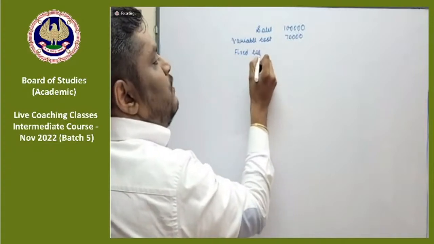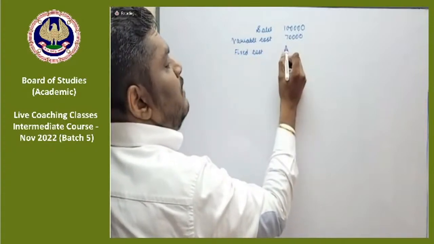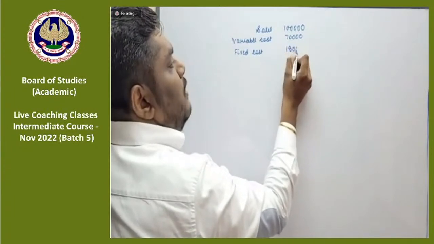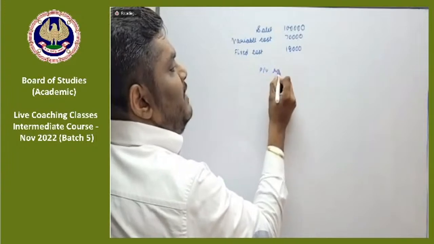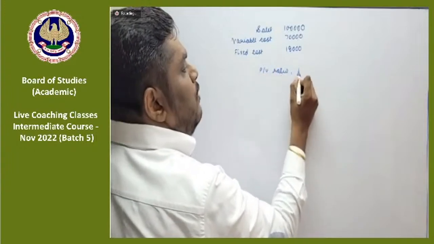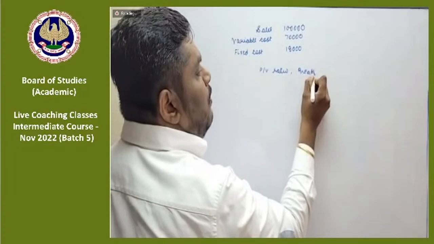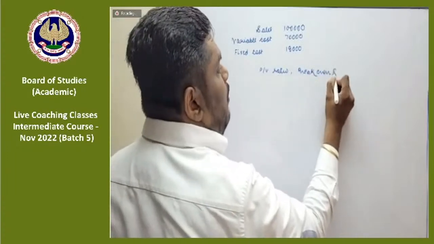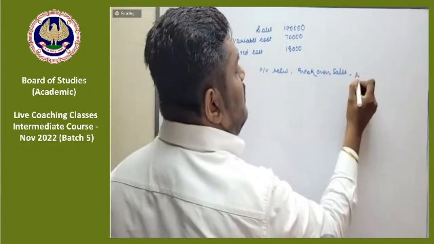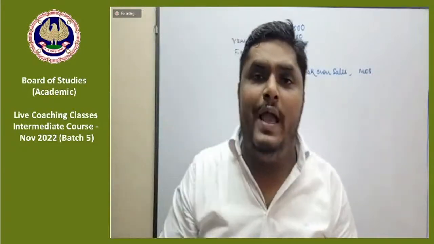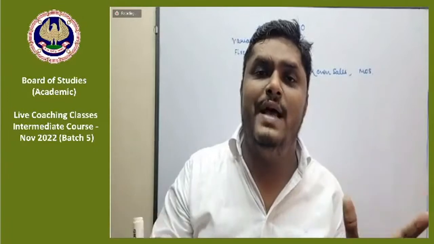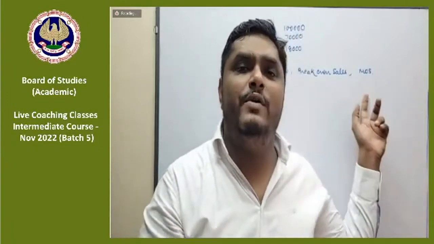My fixed cost is 18,000. You have to calculate first the PV ratio, break-even sales, and margin of safety. So guys, whoever is answering, answer all the three questions together.